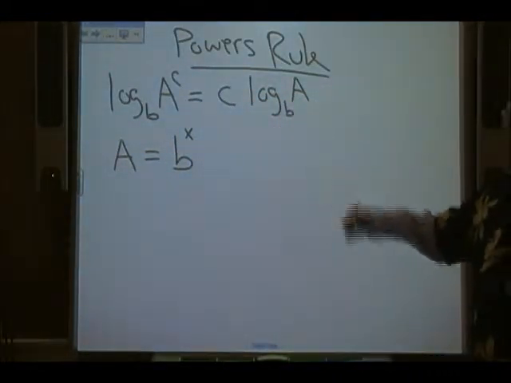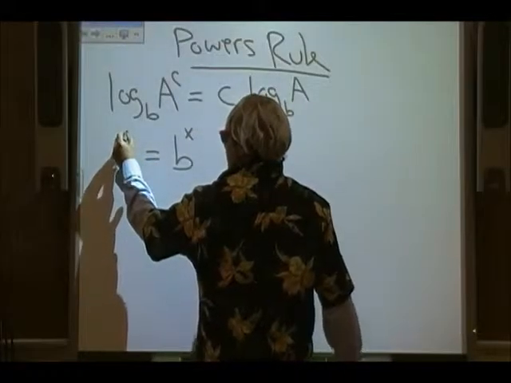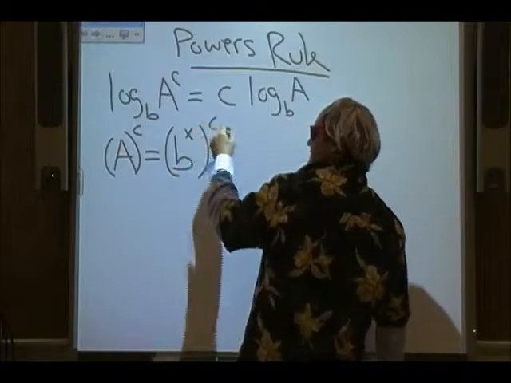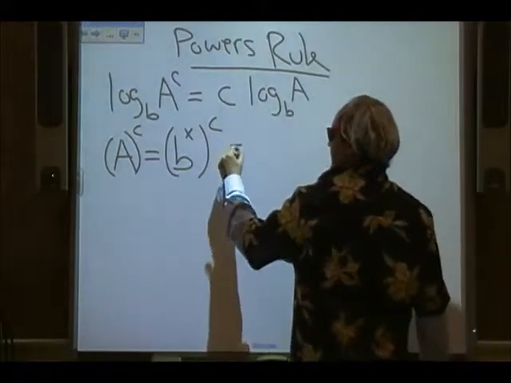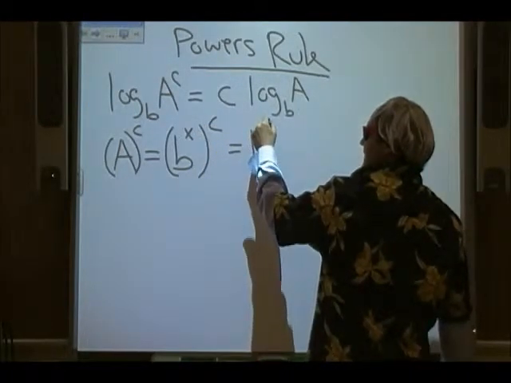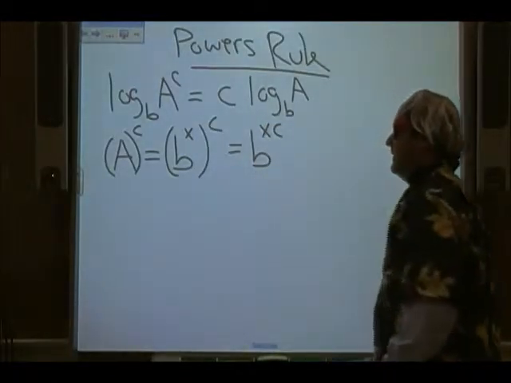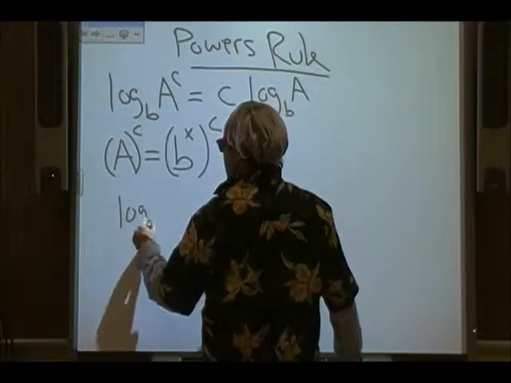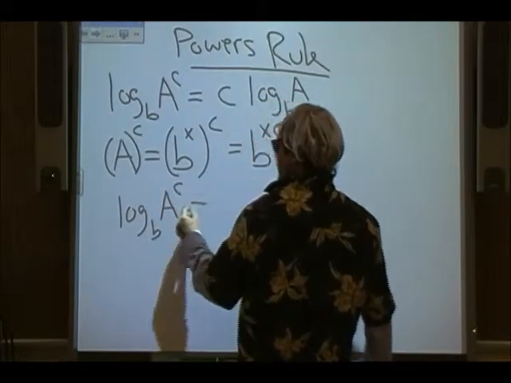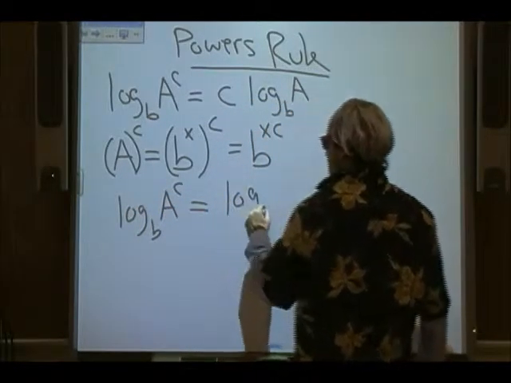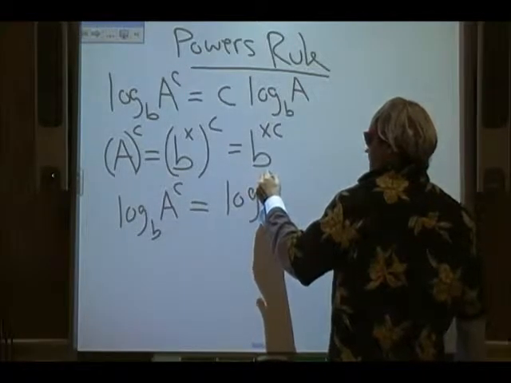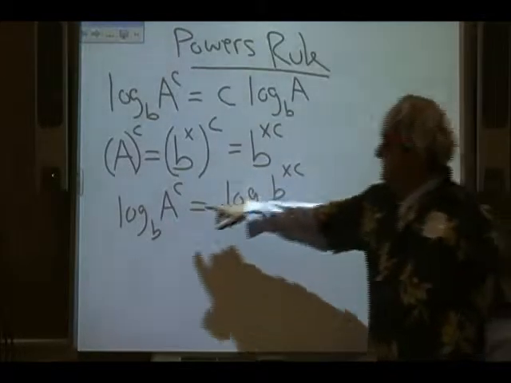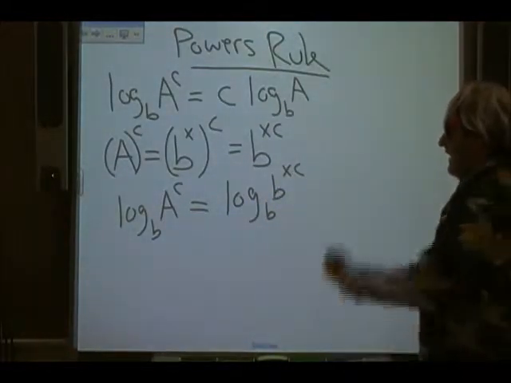But we want a to the c power. So I raise this to a c, then I have to raise this to a c. And that equals b to the xc. Right? Now we take the log. Log base b of a to the c is the same thing as log in base b of b to the xc. So you're taking the log of both sides.